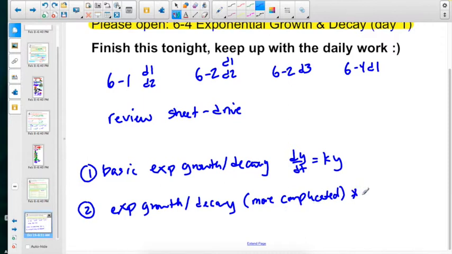This is a must-use calculus, and this one was we can get the function right away just by knowing our initial value and our exponential growth or decay constant. So those are the two big ideas today.